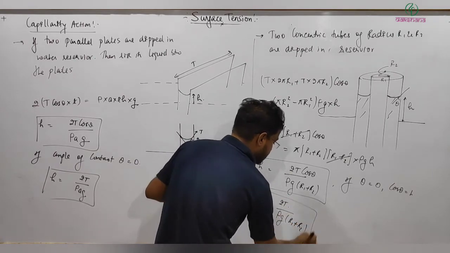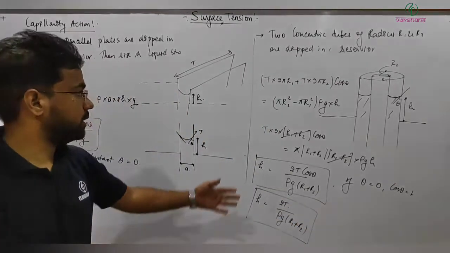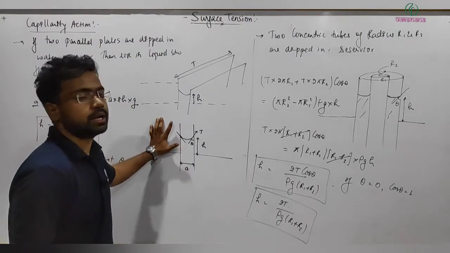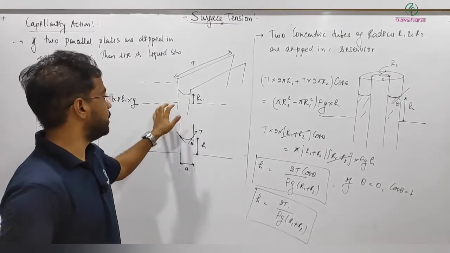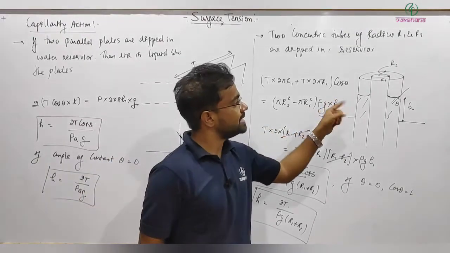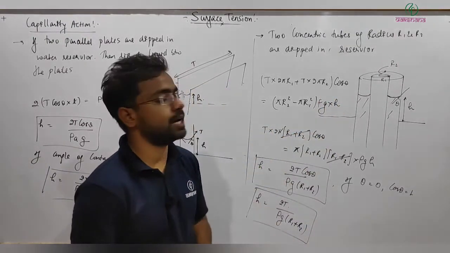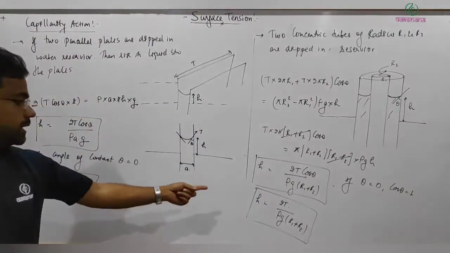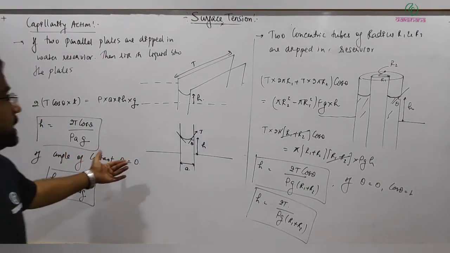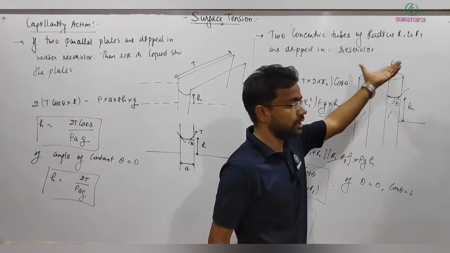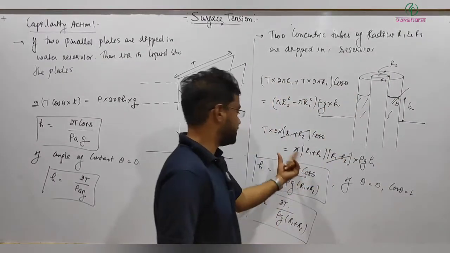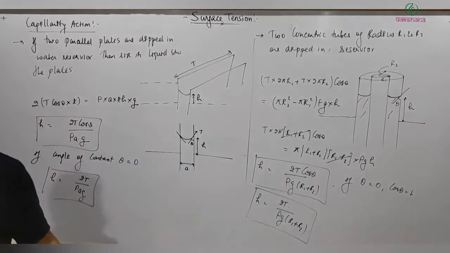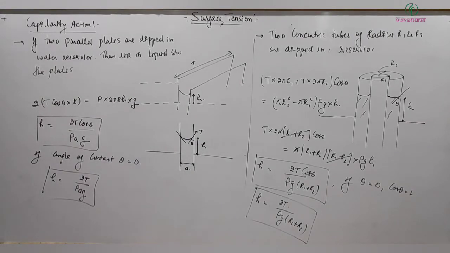So this is the expression for one case when two plates are dipped in liquid in a reservoir, and here two concentric tubes of radius R1 and R2 are submerged. The method remains the same: the upward lifting force you balance equal to the weight, and that way we can calculate the height of liquid rising in both cases, and even in any other case if it is asked of you.